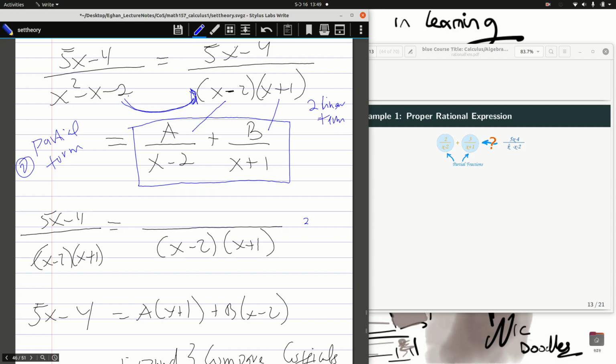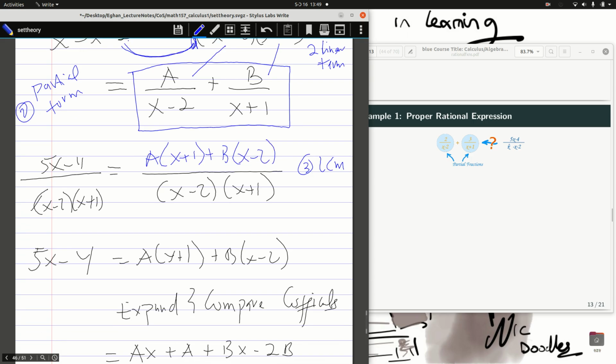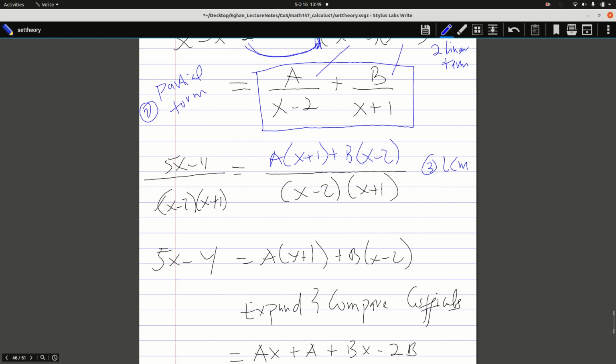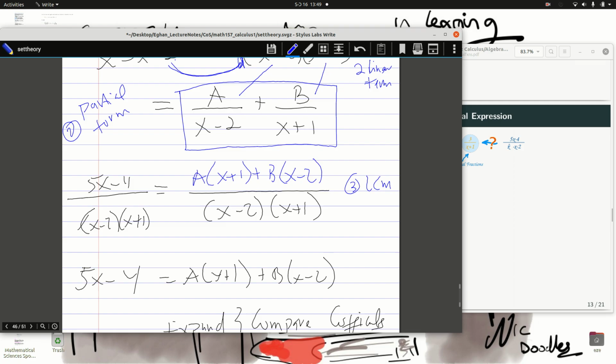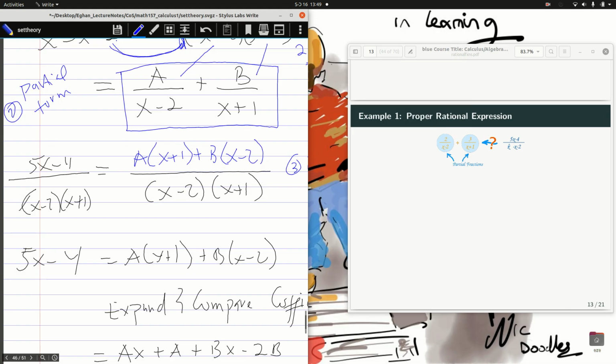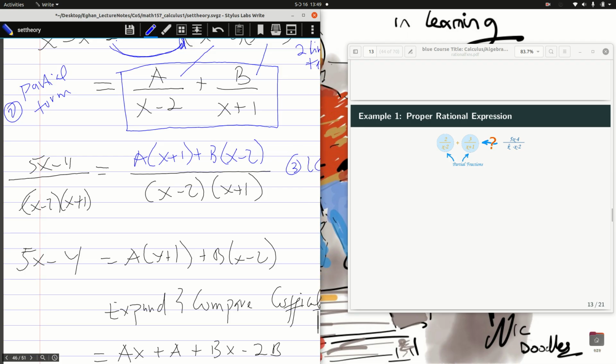Step 3, I have to find the LCM. And you realize I'm going to get some A of x plus 1. This is easier to do, x minus 2. Let me just expand this thing here, or it's not necessary. Okay, sorry for the interruption.